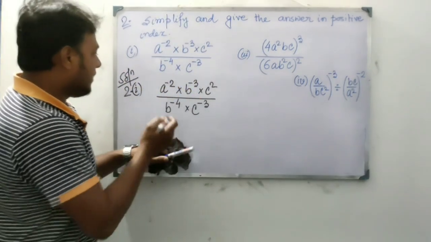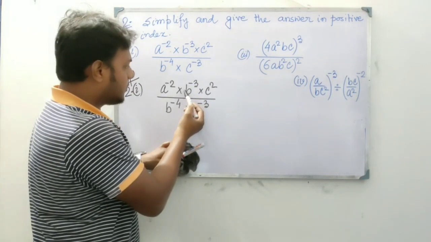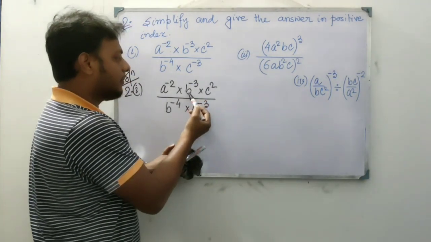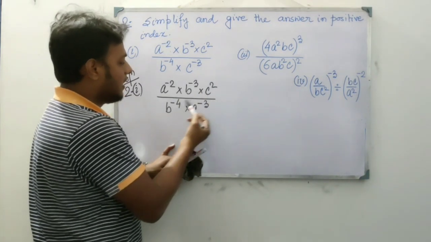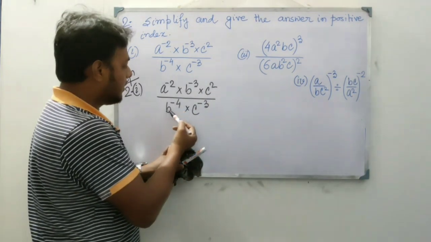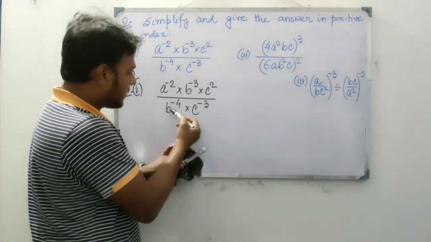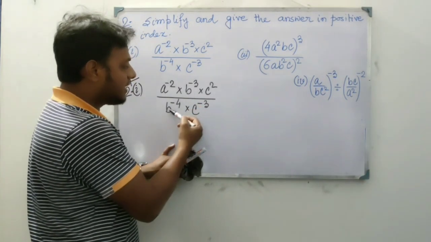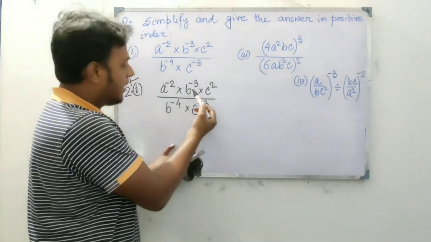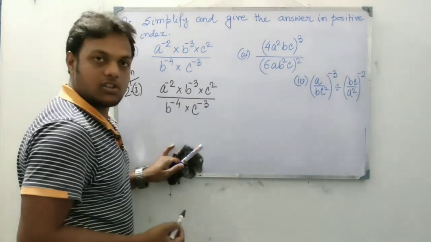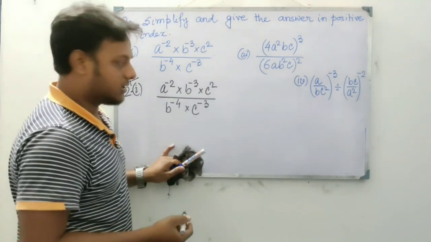Here a is given, the exponent for the second base is b, and for the third one the base is c, and in the denominator one more exponent is there, with base b. If you consider these two exponents, they have the same base, so I can use the law of exponents, and here division is there. In the case of division, we know that the power should be subtracted.